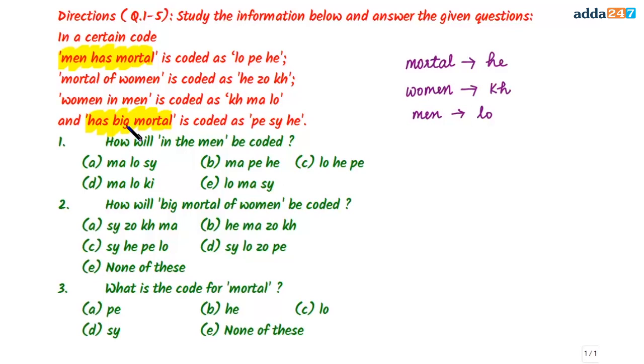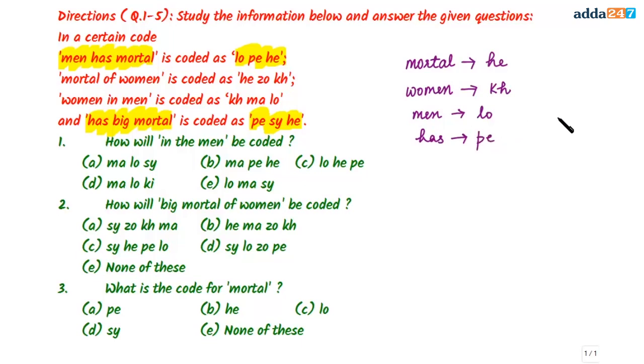Between the two we can see that the common words are model and has. Already we know that for model the code is HE, and we can also see that PAY is also common between the two.